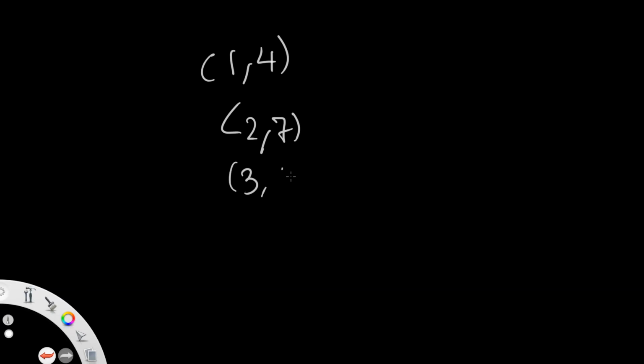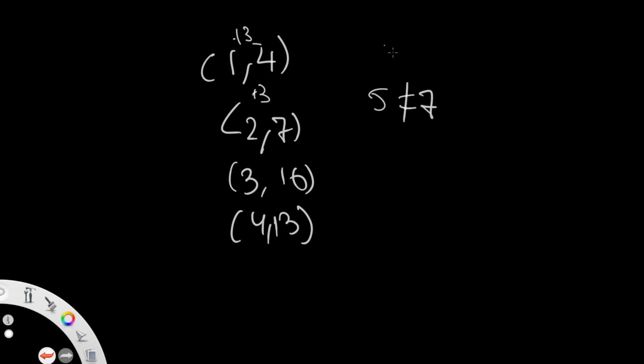We are given a set of coordinates on the coordinate plane: (1, 4), (2, 7), (3, 10), and (4, 13), and we're told to find a relationship. For the first one, if we add 3, it gives us 4. However, for the second one, we get 5, which is not equal to 7. So it's not add 3. However, what if we multiply by 3 and then add 1?